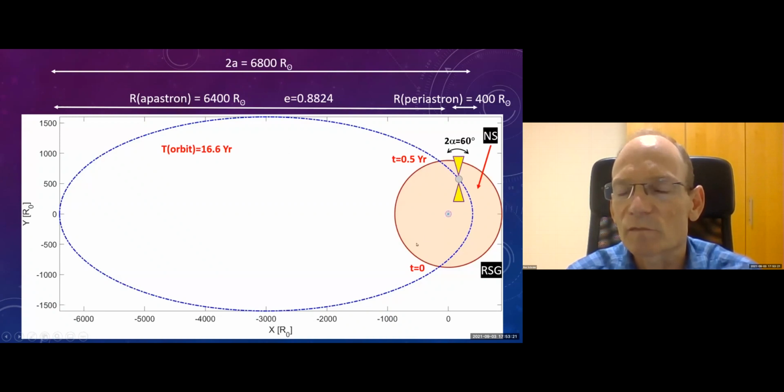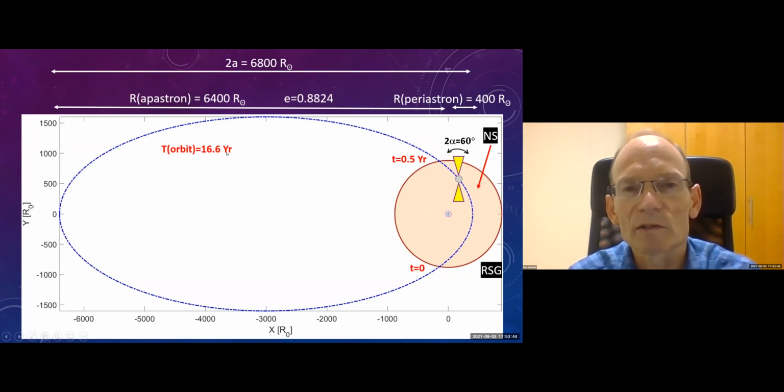So the giant itself is about 881 solar radii. The neutron star itself has a periastron of 400 solar radii and an apastron of 6,400 solar radii, so the eccentricity is very high.